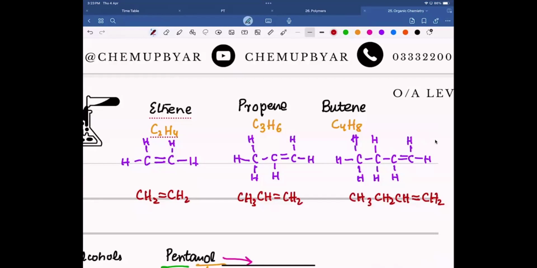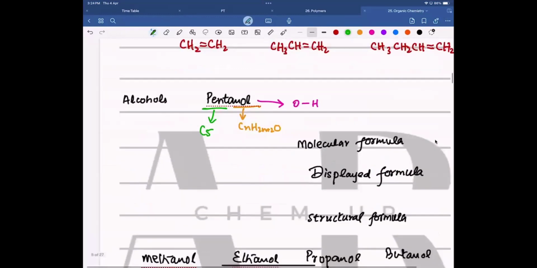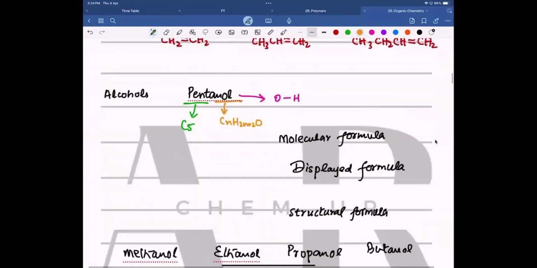Okay. Now we have pentanol. See what pentanol means. If it's an ol, it clearly indicates that there is an OH group. And it's an alcohol, which means it follows the general formula CnH2n+2O. And pent means C5. On the basis of the general formula, I can make the molecular formula: C5H12O.